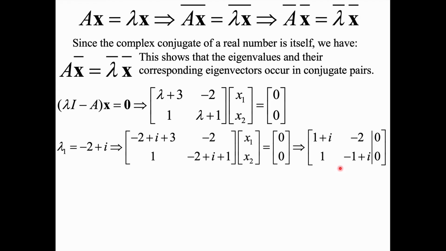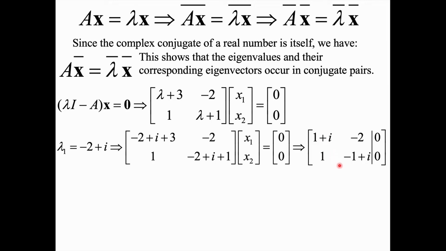You'll notice that it still has some complex numbers on the main diagonal. So how are we going to solve for x1, x2 in this particular case in order to get the eigenvector family? You might be thinking of row operations, and then you're saying, oh, we have to deal with complex numbers in that process. Well, you could do it that way. But also think for a moment, what do we expect here? We had two distinct, albeit complex, eigenvalues.